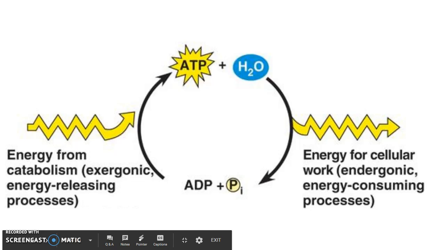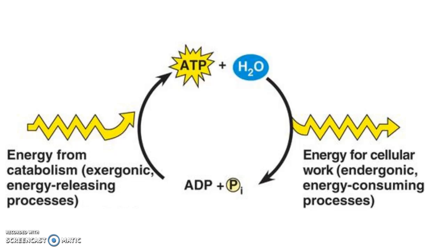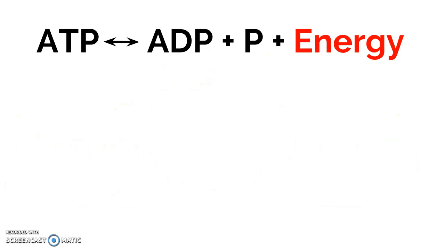ATP is a critical molecule to help the cell be able to quickly access and use and store and more or less spend the energy that's needed to conduct cellular work. So this reaction kind of shows how that works. ATP can be broken down into ADP plus that third lone phosphate group, and it releases the energy that was stored between that bond.